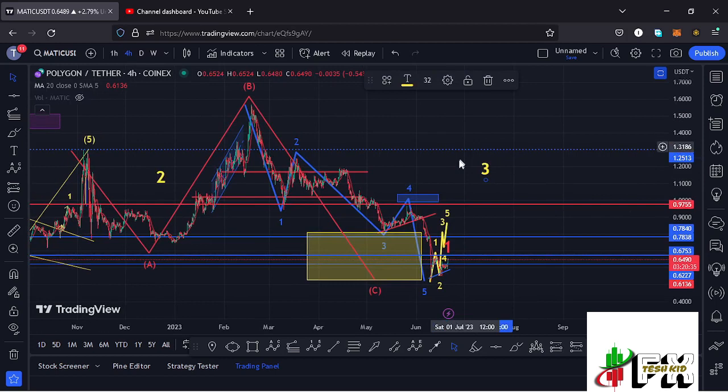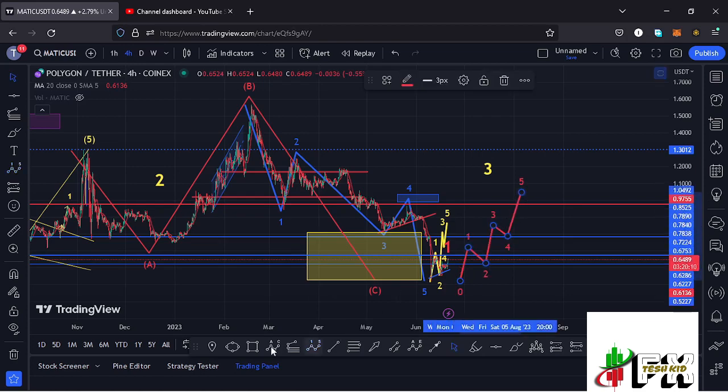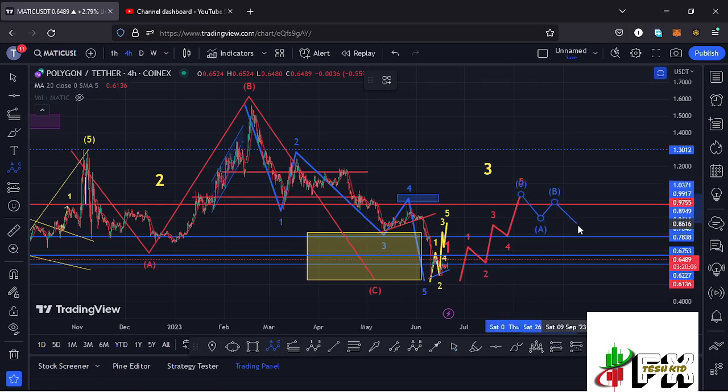And before I give you minimum target areas for this higher Elliott wave count 3, there are a few confirmations that I'm watching out for here on the Matic chart for me to fully confirm that the low is in for the second wave, and the start of this impulsive wave 3 has now started, where I'm expecting Matic to give us a 5-wave move to the upside, followed by an ABC corrective structure before we can continue gearing up.